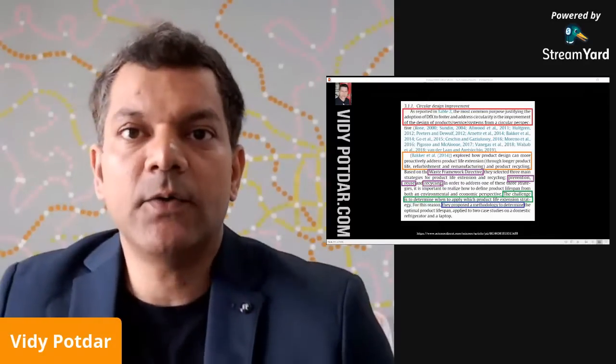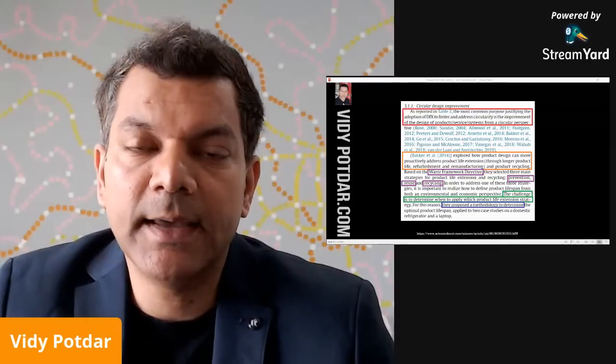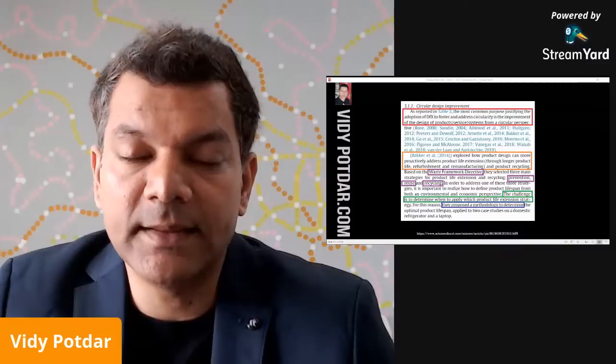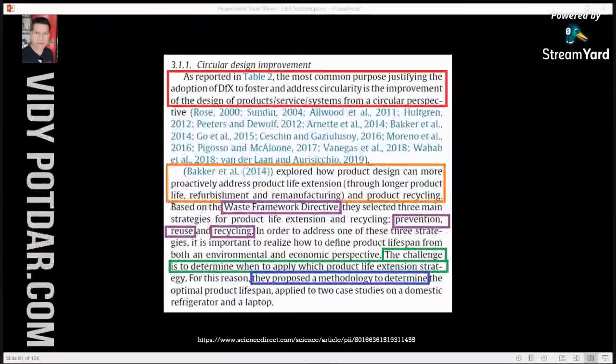So finding out the most relevant or the most important thing to report in the synthesis is, I think, a strategy that you can take for writing up the paper. So let's see an example here of how they have done this.